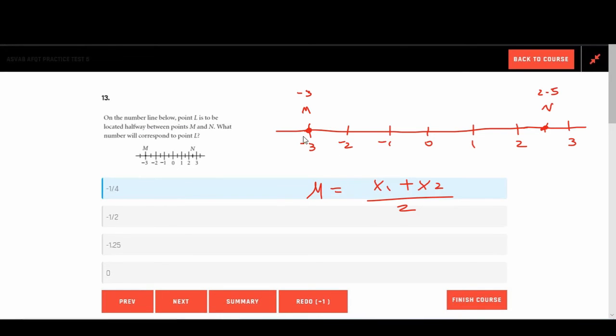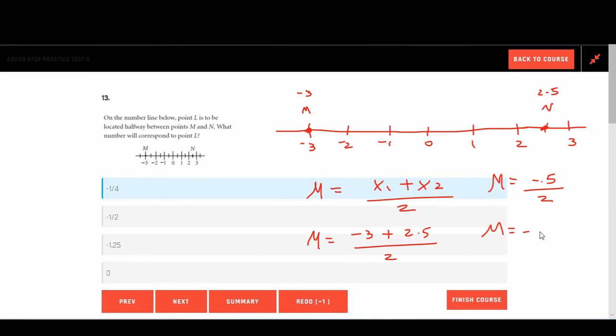In this case, we're going to let -3 be our x1 and 2.5 be our x2. So let's plug it in accordingly. -3 plus 2.5 divided by 2. Let's keep working this out. -3 plus 2.5 is -0.5 divided by 2. -0.5 divided by 2, well, half.